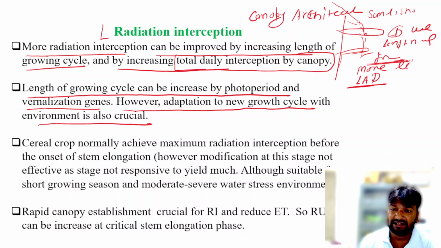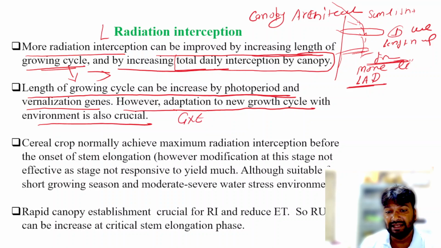So the first strategy is increasing the length of the growing cycle, which we can achieve by changes in the photoperiod and vernalization genes. But the problem is that when we change the growing cycle, there will be a change in the G into E interactions, and also the adaptation to the new growth cycle may affect the yield potential. Okay, now we can go to the second strategy.